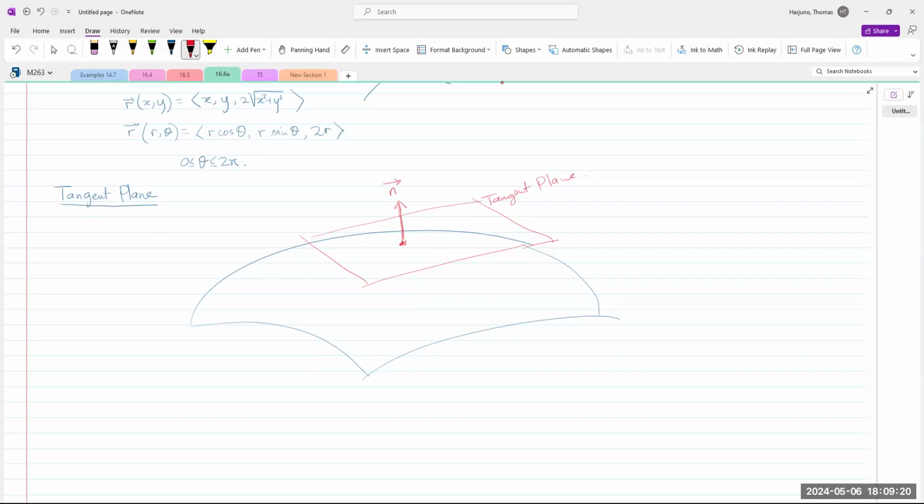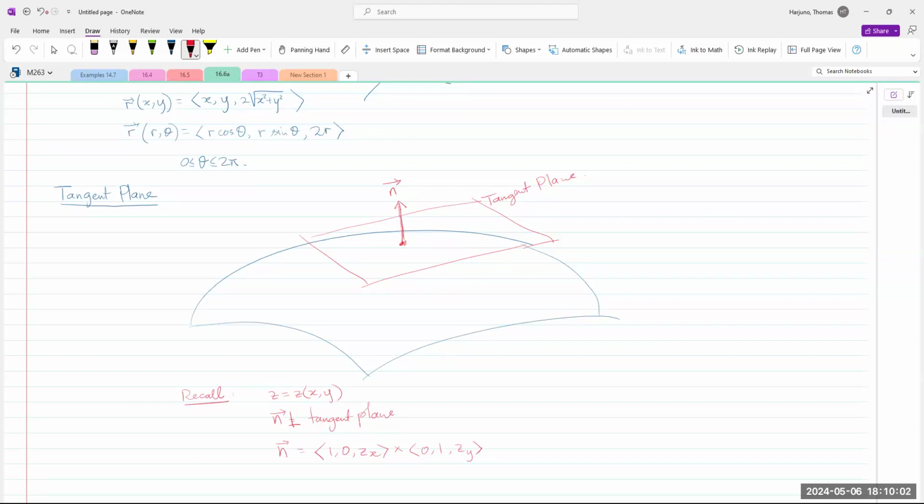Now, in the past, recall that if z equals f of x, y, then the normal vector to the tangent plane is the cross product of 1, 0, z sub x by 0, 1, z sub y.